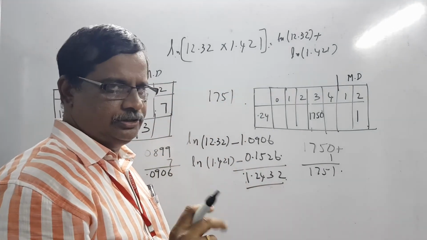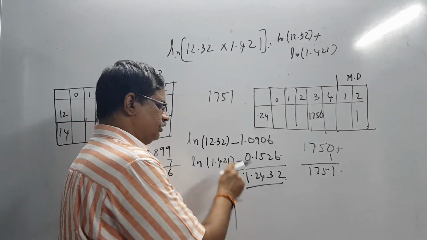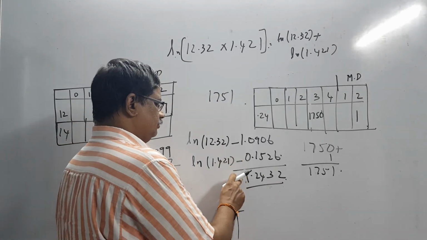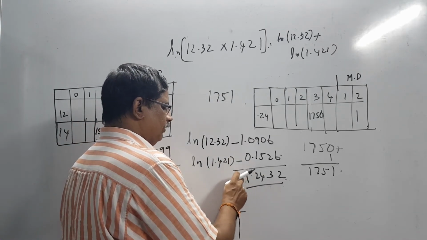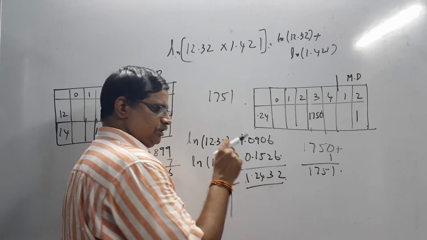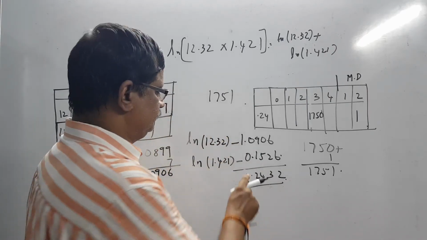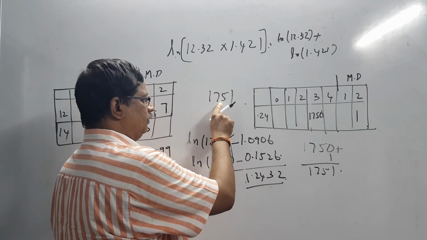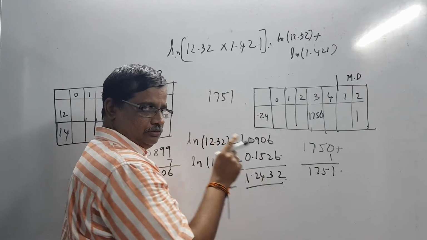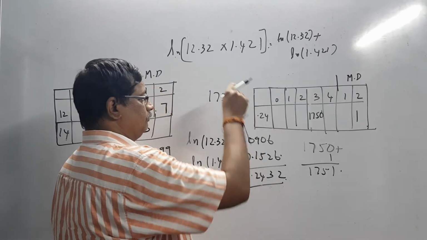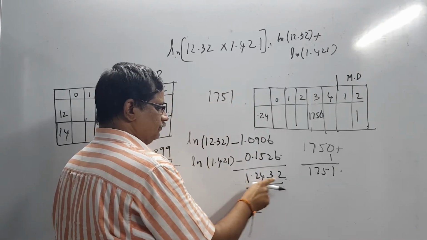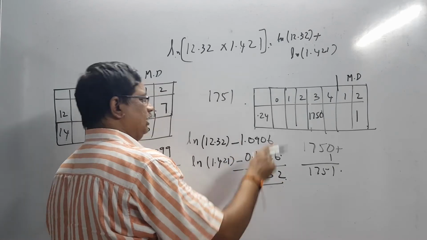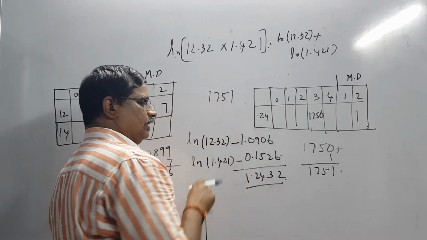We are not finished yet because our characteristic part, 1, is remaining. This one is very important. You have to do something with this characteristic part. 1.2432 is the number whose anti-logarithm we have written as 1751.